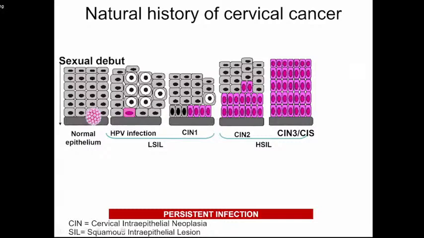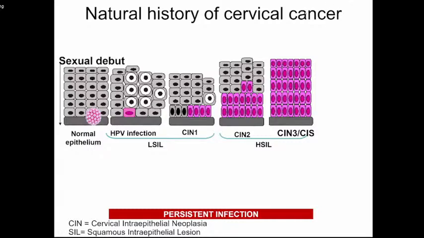Okay, so we can grade the changes. When you have just the lower layers of the epithelium change, that's a low-grade lesion. When you have more than a third of cells that morphologically show changes and they occupy more than 1/3, then that's a high-grade lesion.